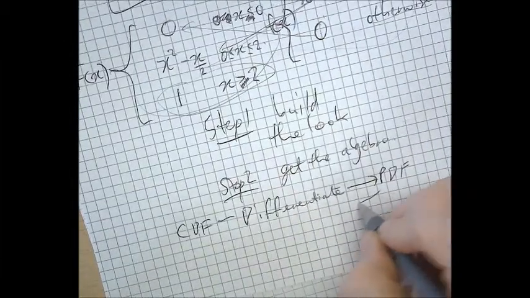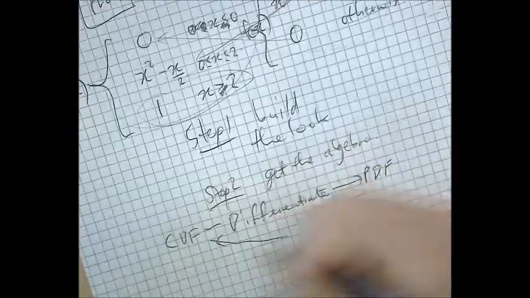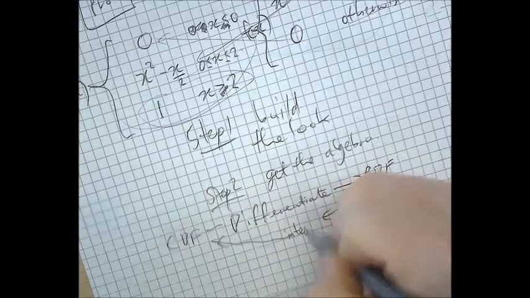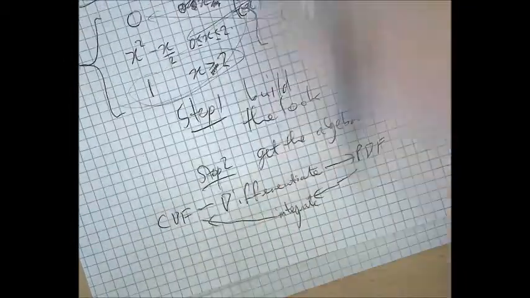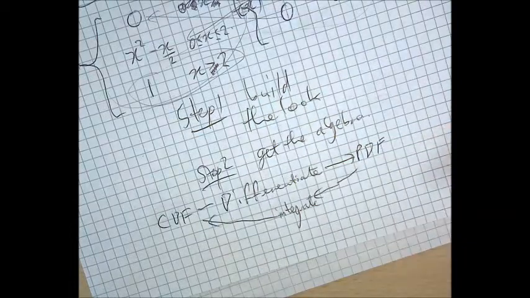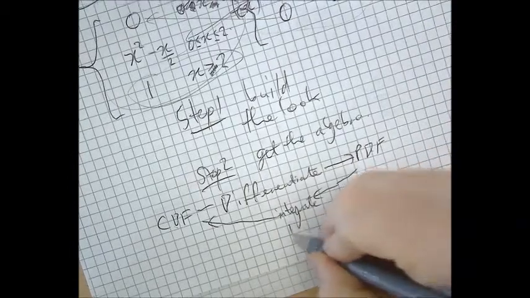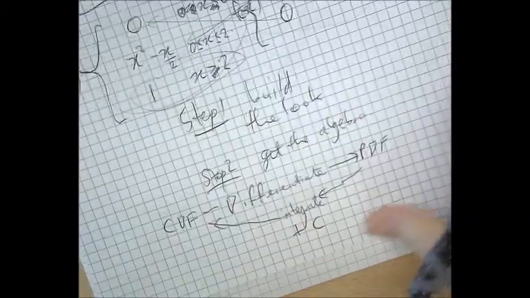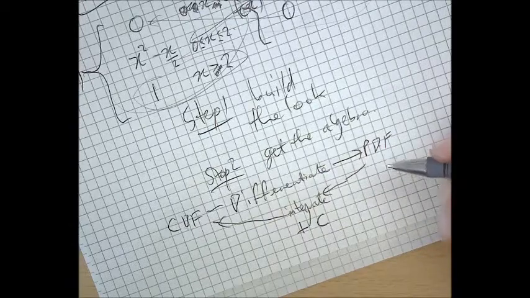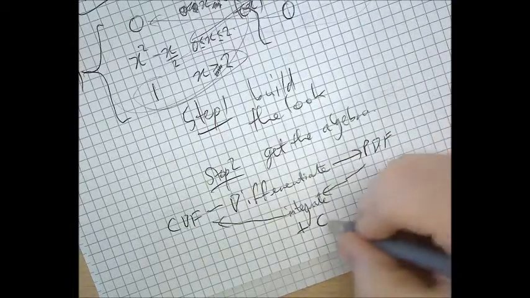If you have a PDF and want to get to a CDF, you have to integrate. Okay? Which means that converting a PDF to a CDF is more complicated because whenever you integrate you get this plus C business, something which is very important not to forget. Okay, now I'll tell you how to deal with that in a second.